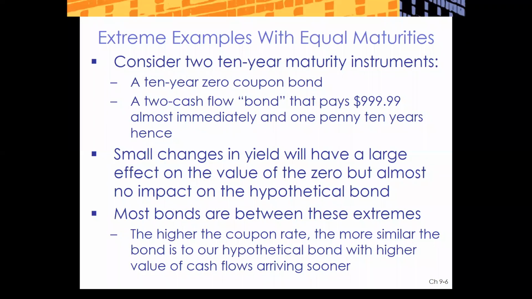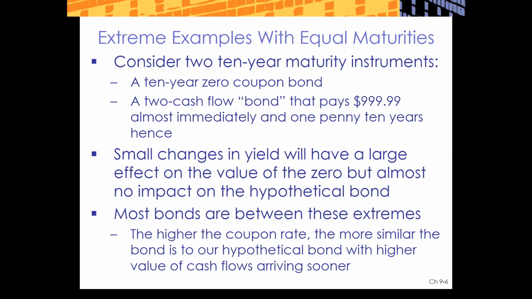So let's consider two 10-year maturity instruments: a 10-year zero coupon bond and a two cash flow bond that pays $999.99 almost immediately, and 1 penny in 10 years. So when it matures, if you keep it until the end, you will receive 1 penny in 10 years.